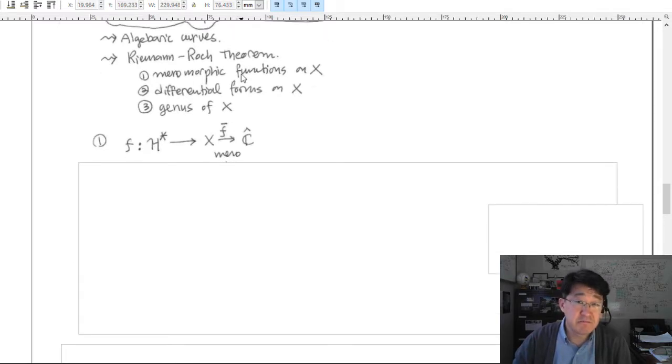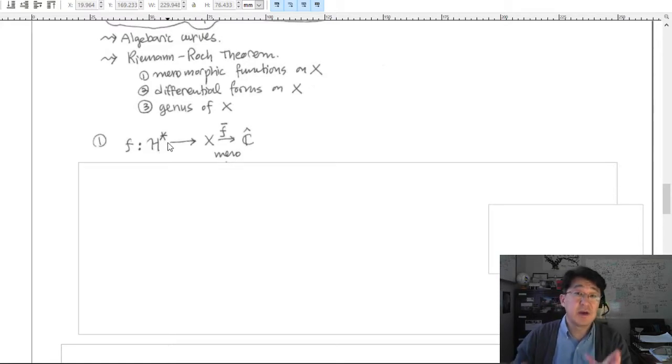So we're going to start with the meromorphic functions. Meromorphic functions are functions from that compact Riemann surface X to the extended Riemann sphere, not just complex numbers. The infinity is thrown in there, so our poles are mapped to that infinity. So we have this map, and think about there's a projection from H star.